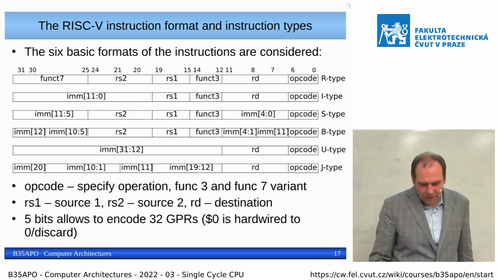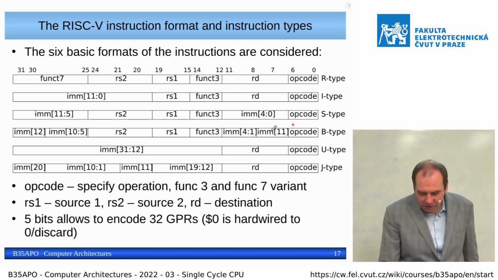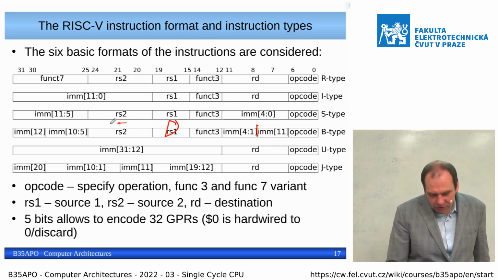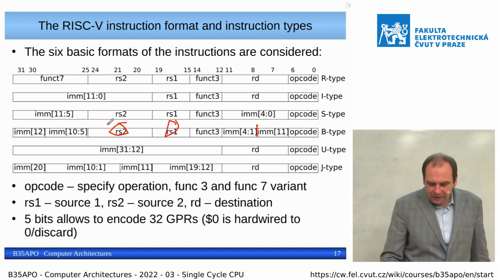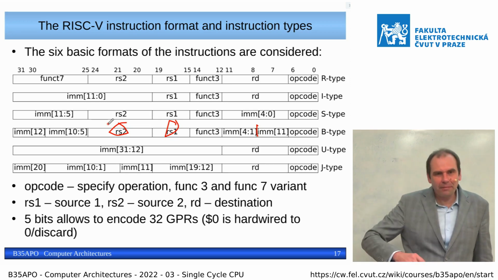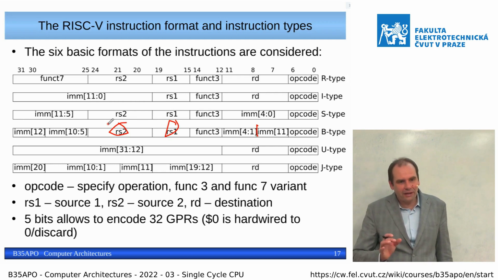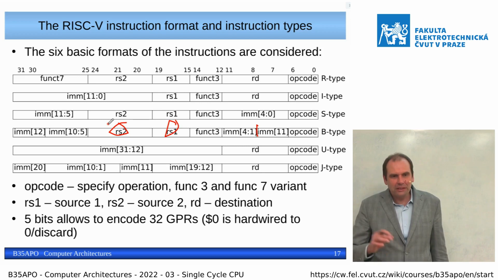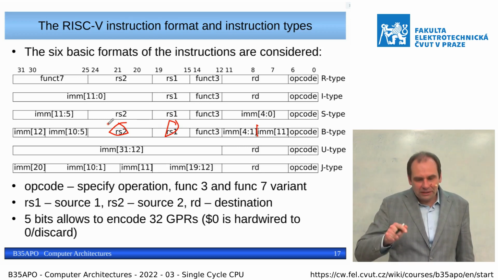So things start to be even more complex for the branches, because a conditional branch needs two registers to decide if they are equal or not, and then it needs to branch in some range. But because we define that the minimum encoding length of the instruction is 16 bits, we do not need to target the odd addresses.